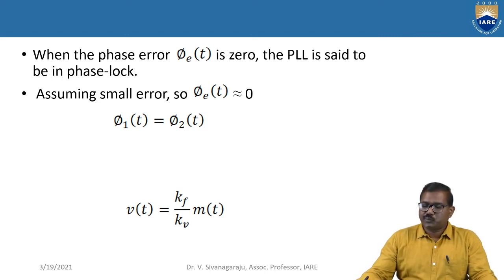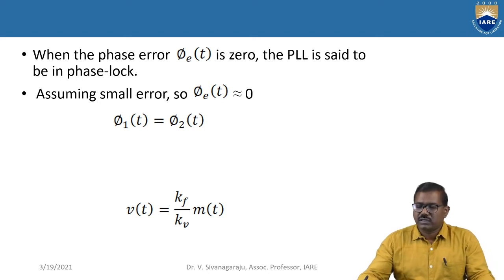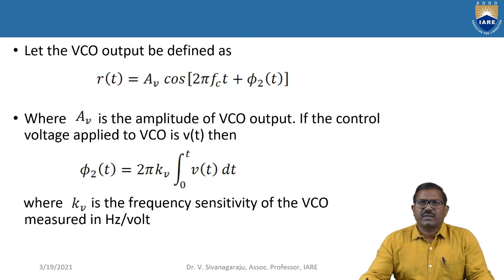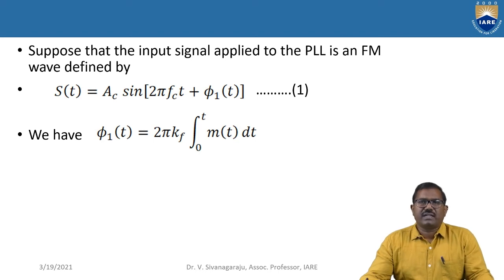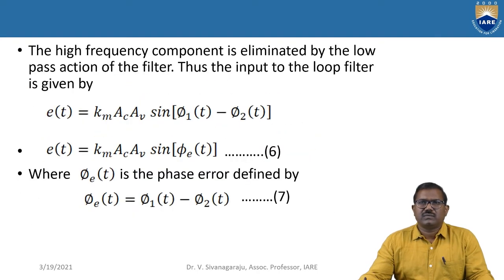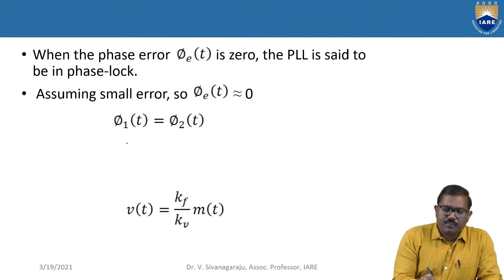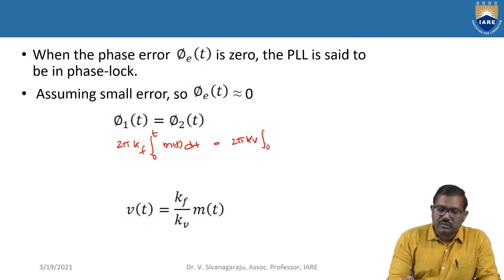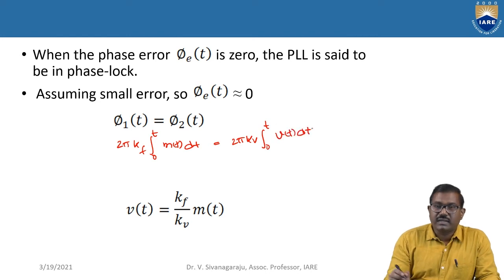So what is phi 1 of t? Again you can see, given this one, 2 pi kf integral 0 to t m of t dt. And phi 2 of t is 2 pi kv integral 0 to t v of t dt.